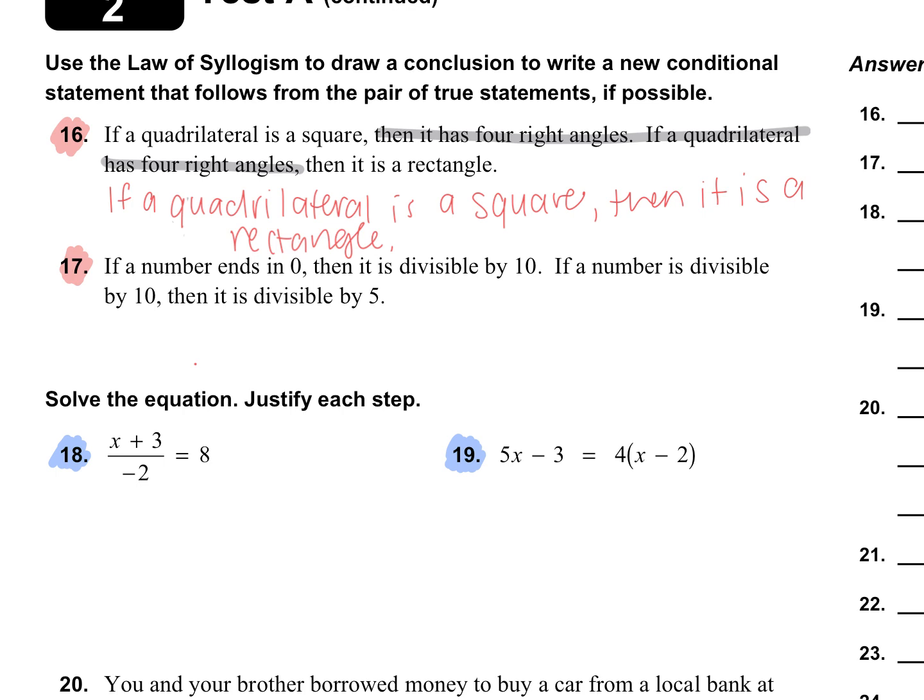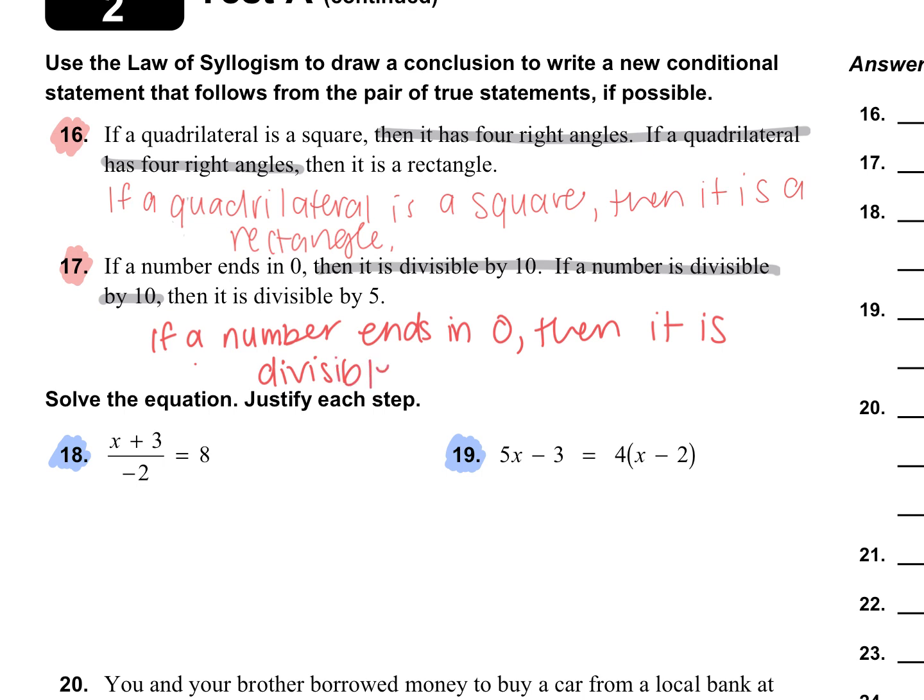How would I rewrite this? Good, I'm getting rid of what's overlapping. If a number ends in 0, then it is divisible by 5.